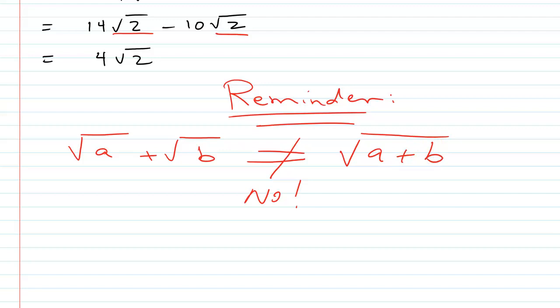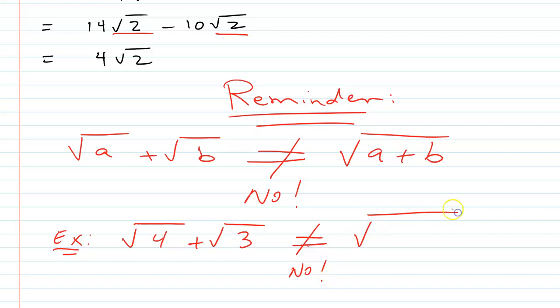You can actually do the example and see what I'm talking about. Square root of 4 plus square root of 3 does not equal square root of 7. So make sure you know that that is not true. You have to have like radicals in order to add or subtract them.